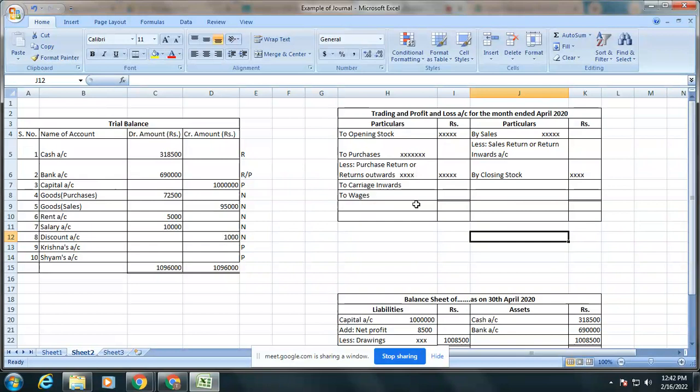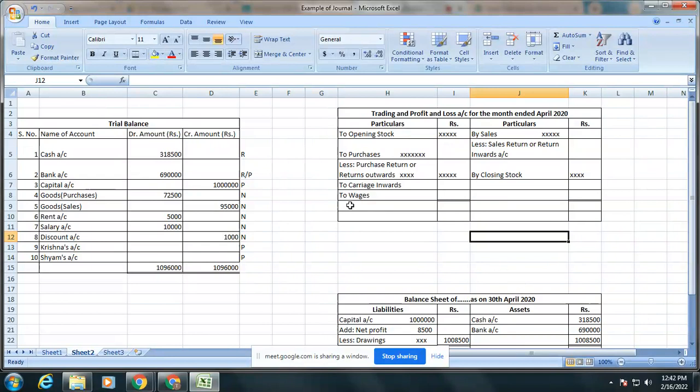So once we filled in the blanks or the rupee values for all these amounts, we'll total the two sides and calculate the difference. Okay, and like we did with the rough example that I told you, if the right hand side is more, you make a profit, and if the left hand side is more, you make a loss. And accordingly, you write it on the lighter side.